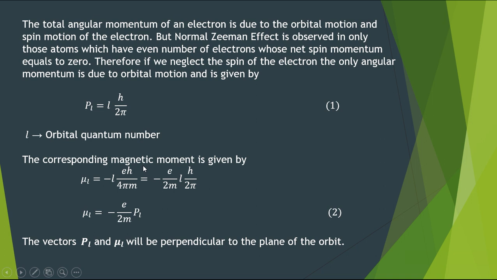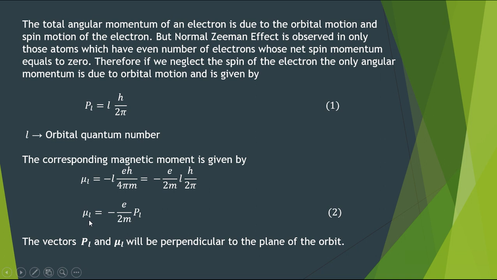The corresponding magnetic moment, which is usually represented by mu L, can be written as minus L into eh by 4 pi m, or minus e by 2m into L into h by 2 pi. L into h by 2 pi here can be replaced by PL.